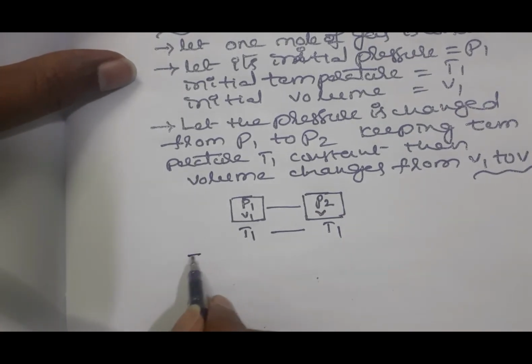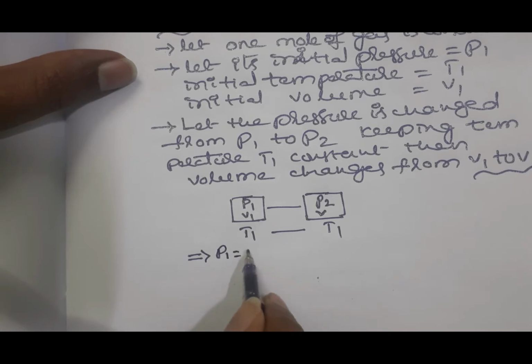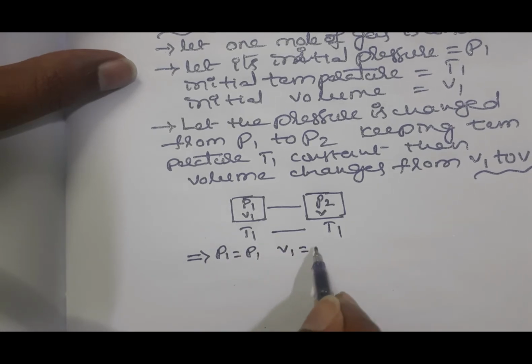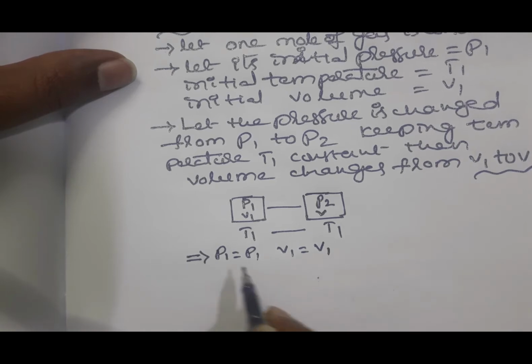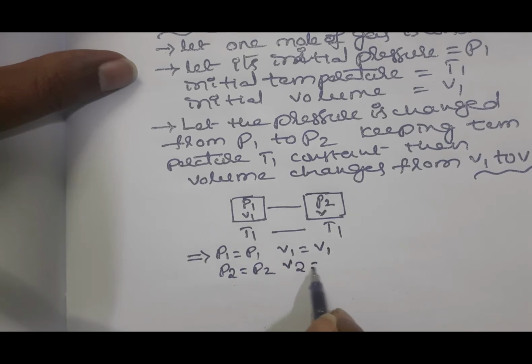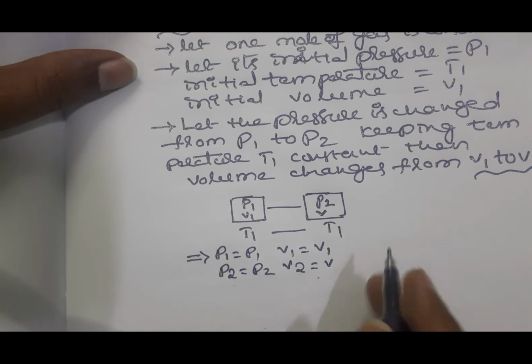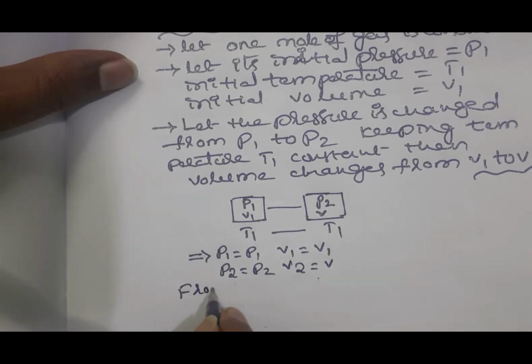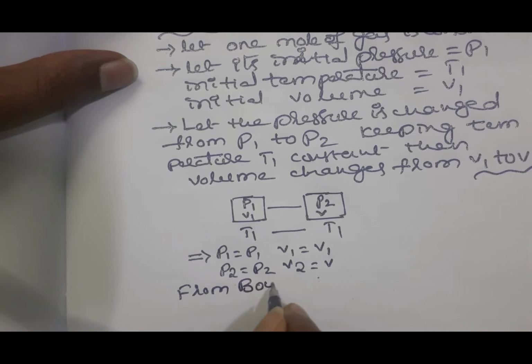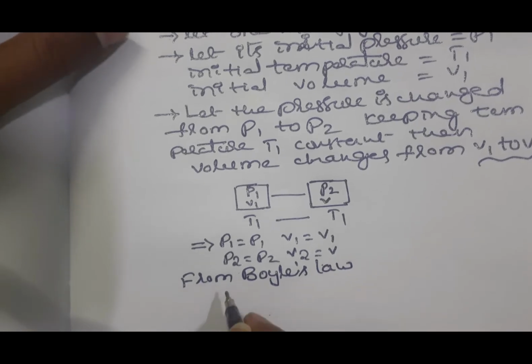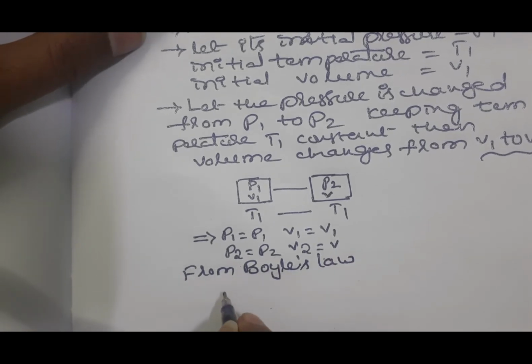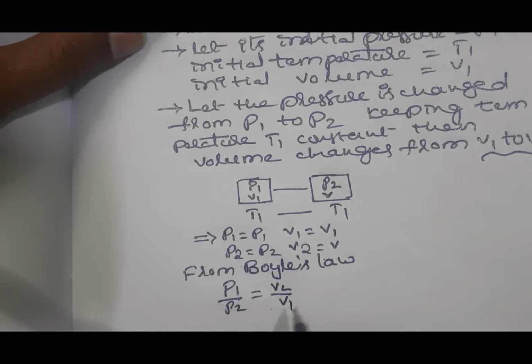So it means that pressure P1 is P1, V1 is V1, pressure P2 is P2 and V2 is V. That is the initial pressure and initial volume, and the final pressure and final volume. From Boyle's law, we derived the formula P1 by P2 is equal to V2 by V1.